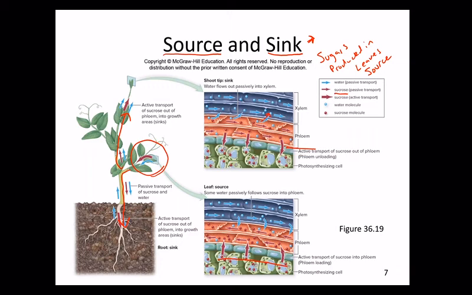Think about what happens right now during this time of the year with the trees that we have, the deciduous trees. Okay? Now we're flipping this around. So the sugar that was stored in the roots all winter long when the plant wasn't growing, that's becoming the source of the sugar. And that sugar is actively moved into the phloem, which is then going to be moved up the tree to the leaves, where the sink for that will be where it's going to be actively used to stimulate the growth of the buds.